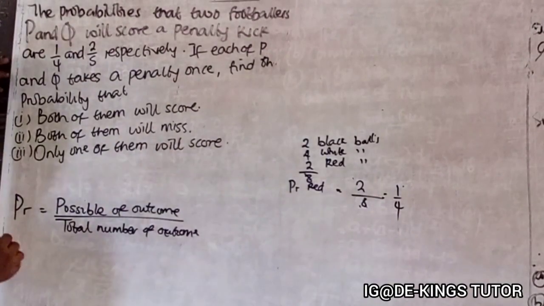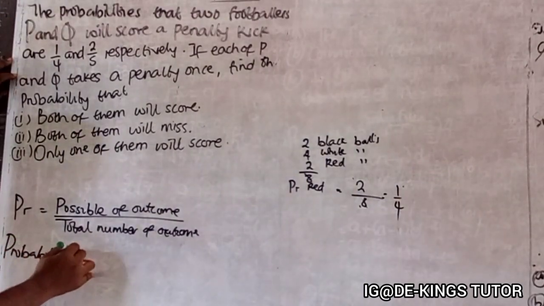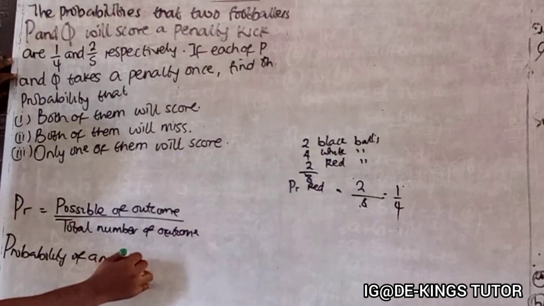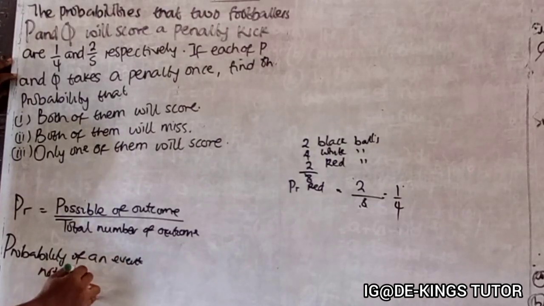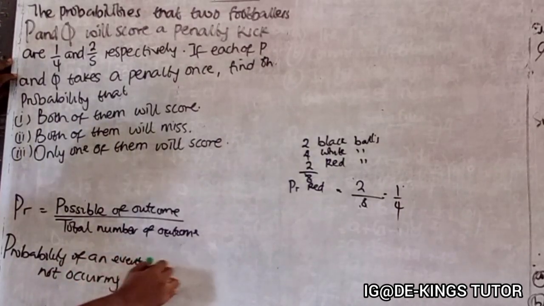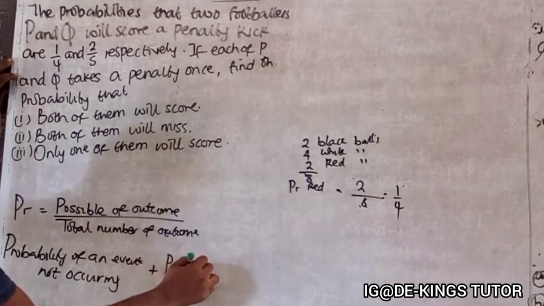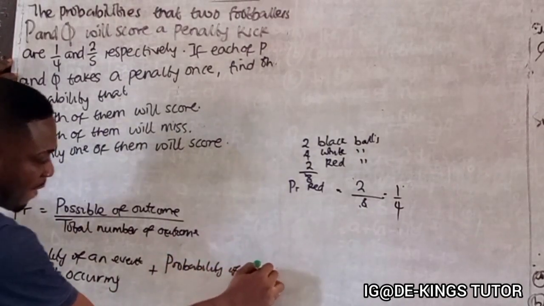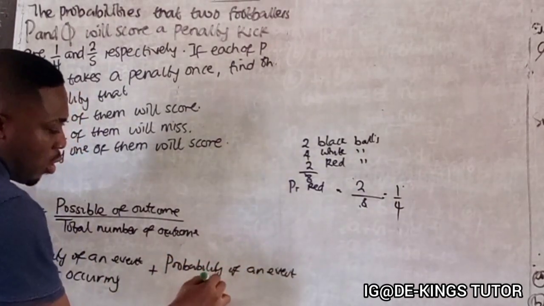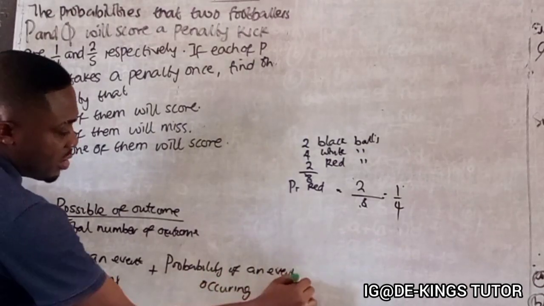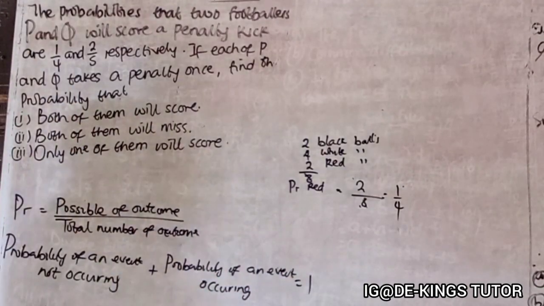So what it means is that the probability of an event not occurring plus the probability of an event occurring is equal to 1. That something will occur and it will not occur, in summation equals 1.